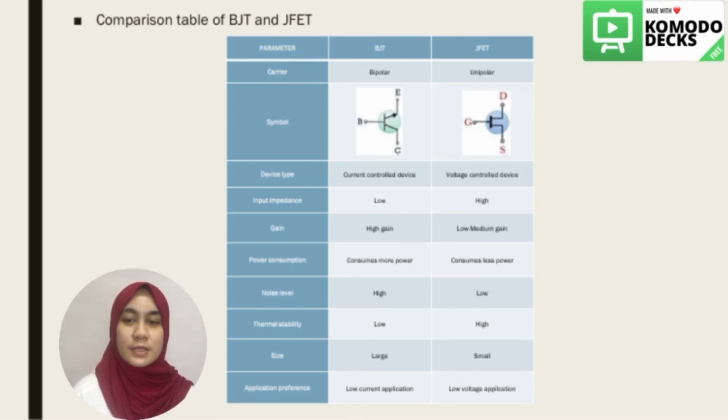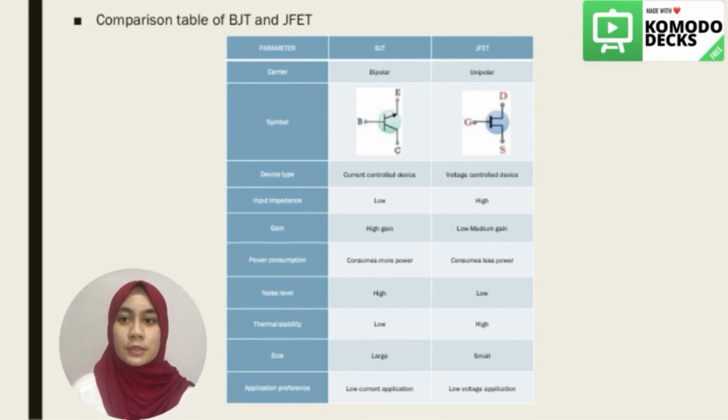As you can see the symbol, and device type, BJT is current controlled device, while JFET is voltage controlled device. Their input impedance, BJT has a low input impedance, JFET has high input impedance.